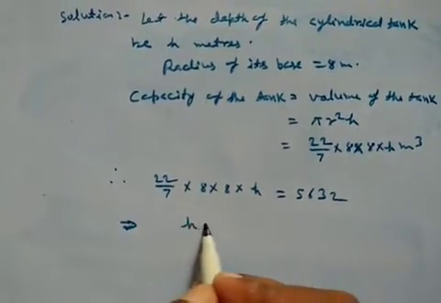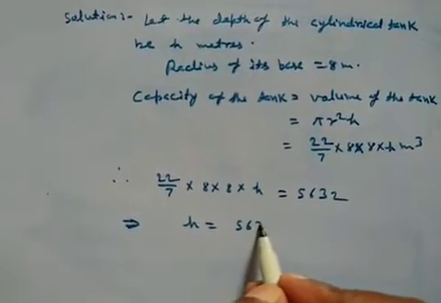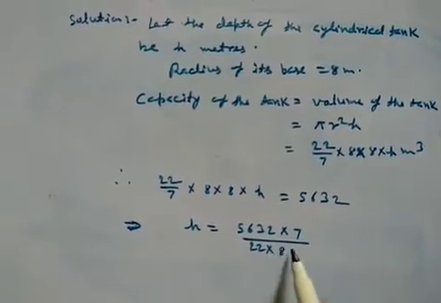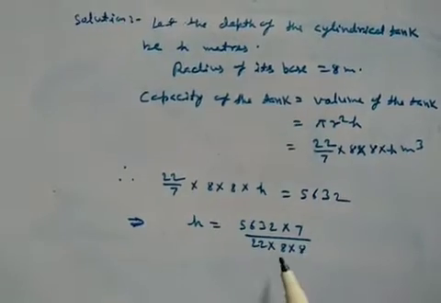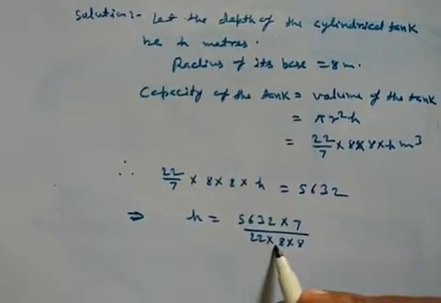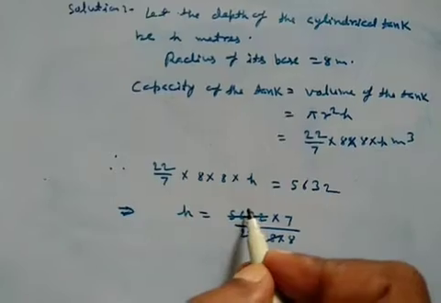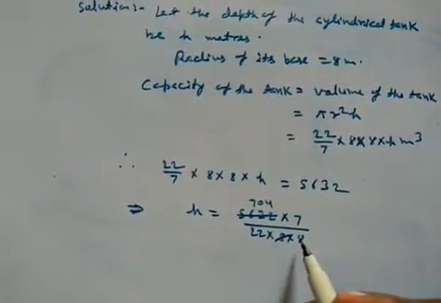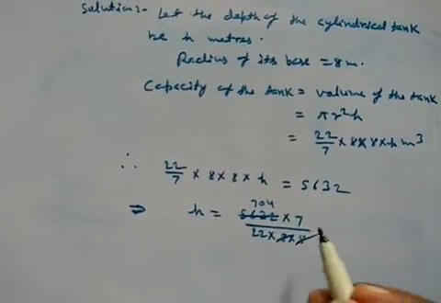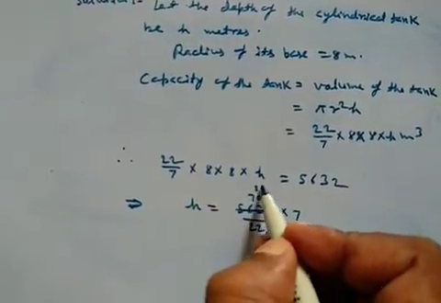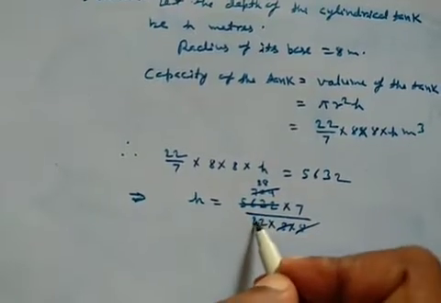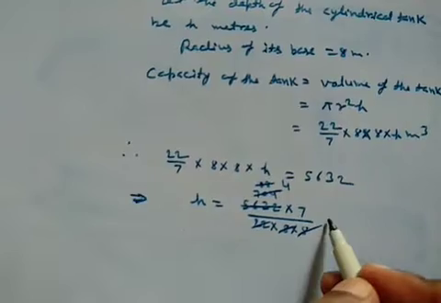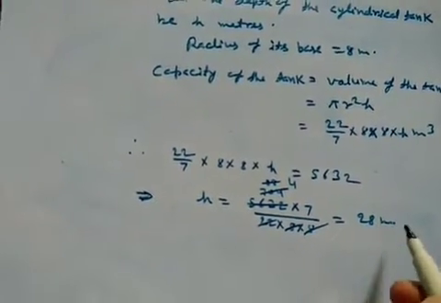So h is equal to 5632 into 7 by 22 into 8 into 8. Here 8 divides 5632 704 times, and 704 divided by 8 88 times, and 88 divided by 22 4 times equal to 28 meter.